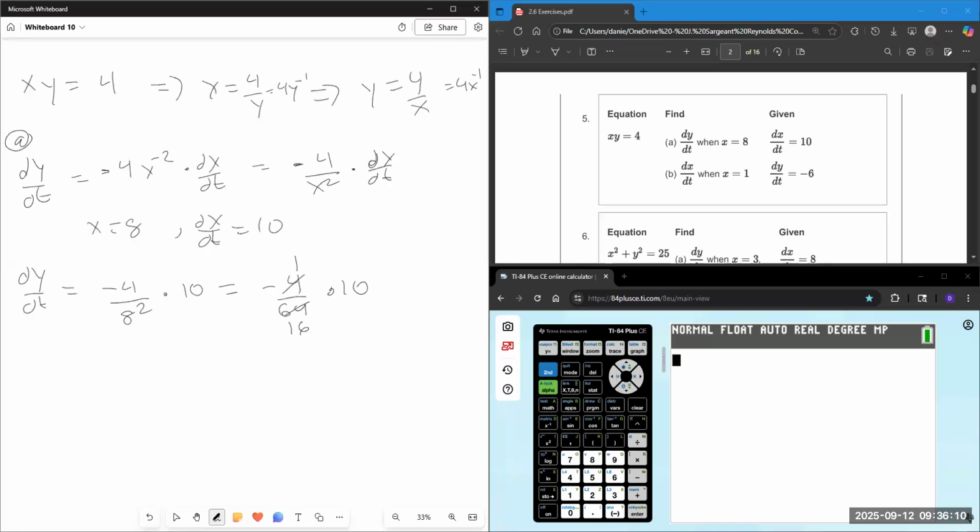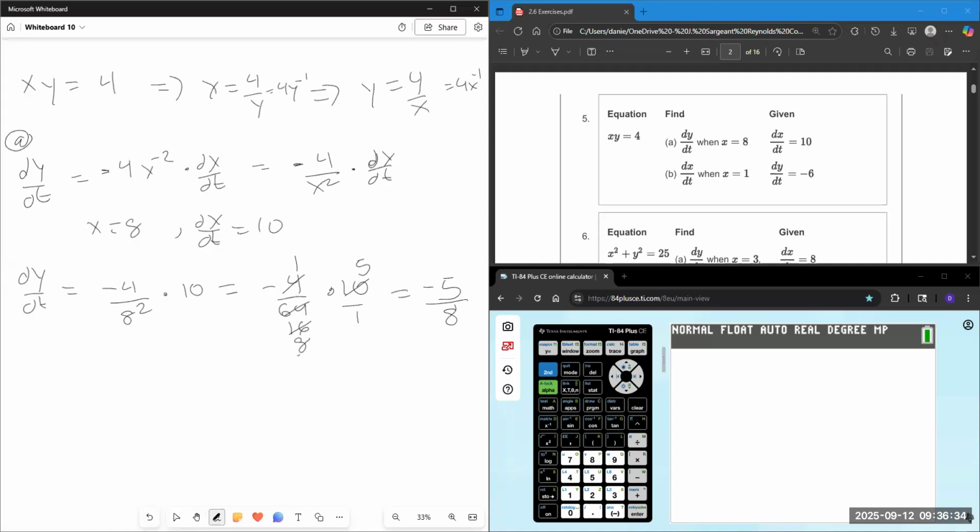And then we have a common factor of 2. 2 goes into 10 5 times. 2 goes into 16 8 times. And I end up with -1 times 5 is -5 in the numerator. 8 times 1 is 8 in the denominator, for a rate of change dy/dt of -5/8.